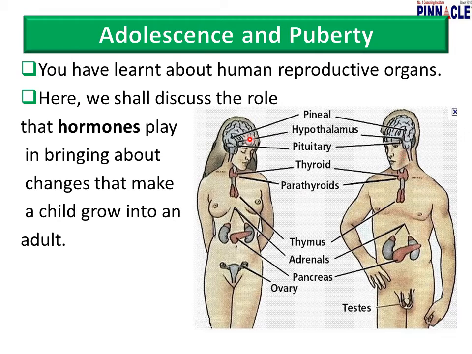For example, this is the hypothalamus, and this is male and this is female, and this is the pineal gland. This is the pituitary gland, and the hypothalamus is just above the pituitary. These are the thyroid glands, and below the thyroid, these are the parathyroid glands, and these are the thymus.